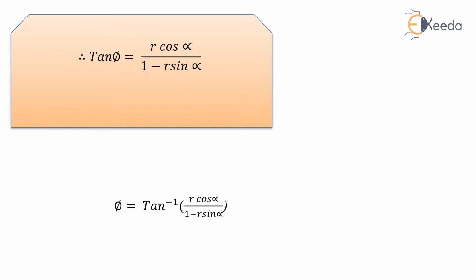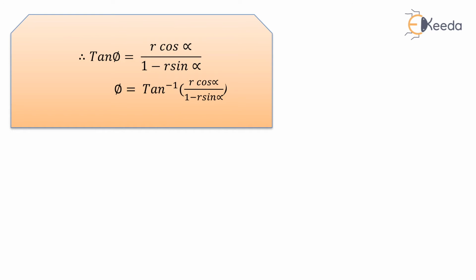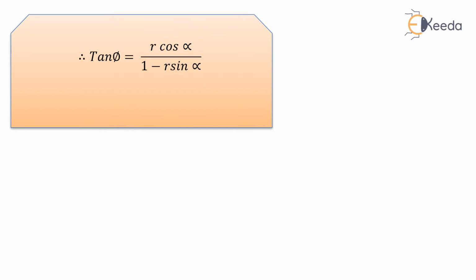So after simplification, you will get tan of phi is equal to r cos alpha divided by 1 minus r sin alpha, or phi is equal to tan inverse of r cos alpha divided by 1 minus r sin alpha. So that is a very important relation, that is the calculation of shear angle.